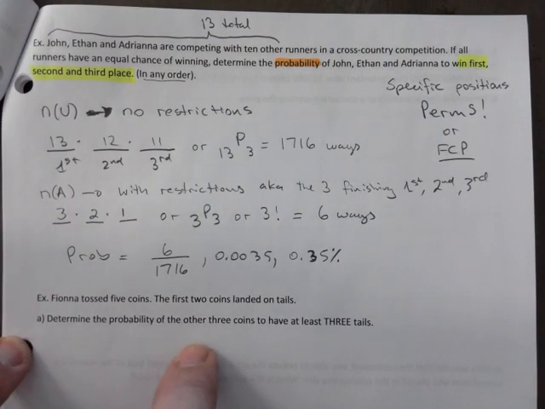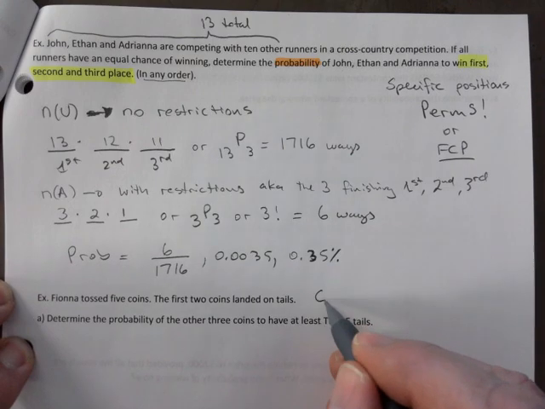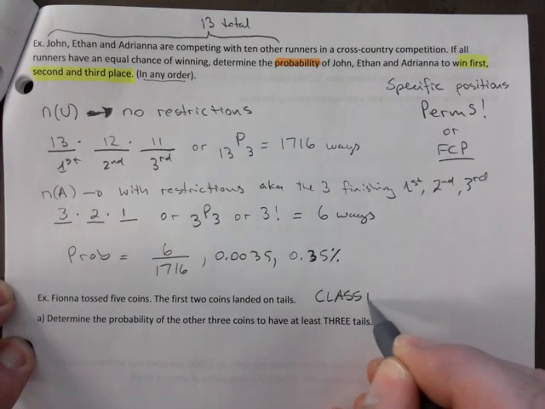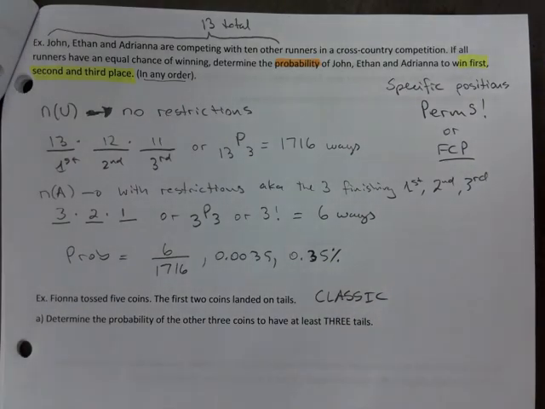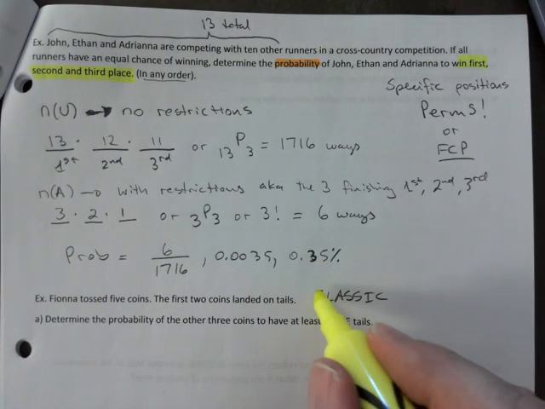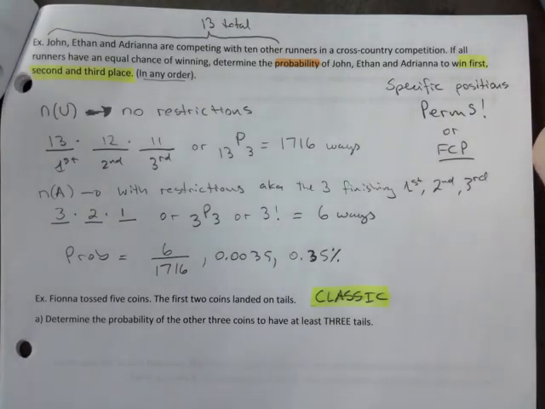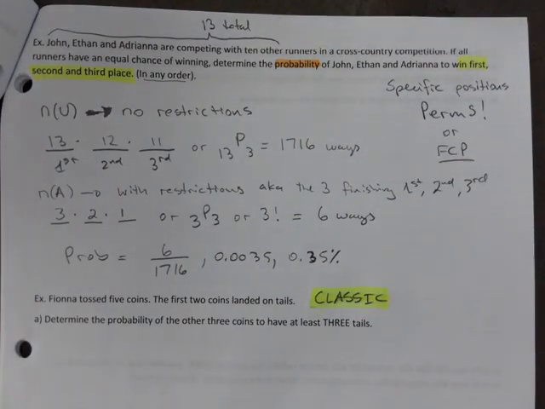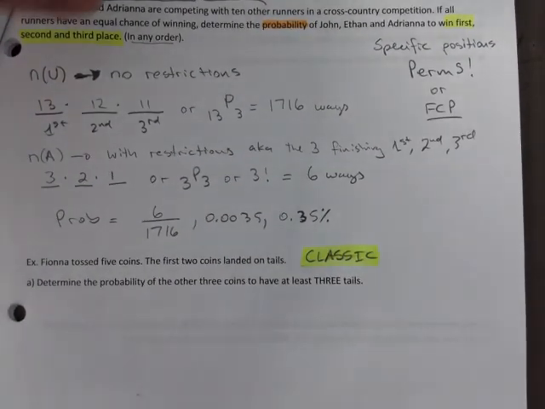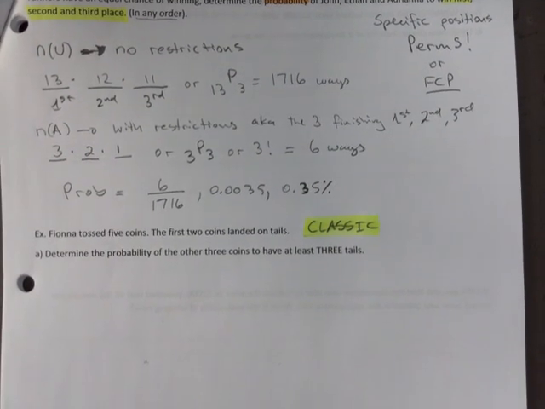I'll do this one here because this is a classic. Okay, classic. Put that down. A true and false or tossing coins, anything like that is what I consider classic. And I kind of talked about that in the direct indirect lesson. I gave you a tree diagram.